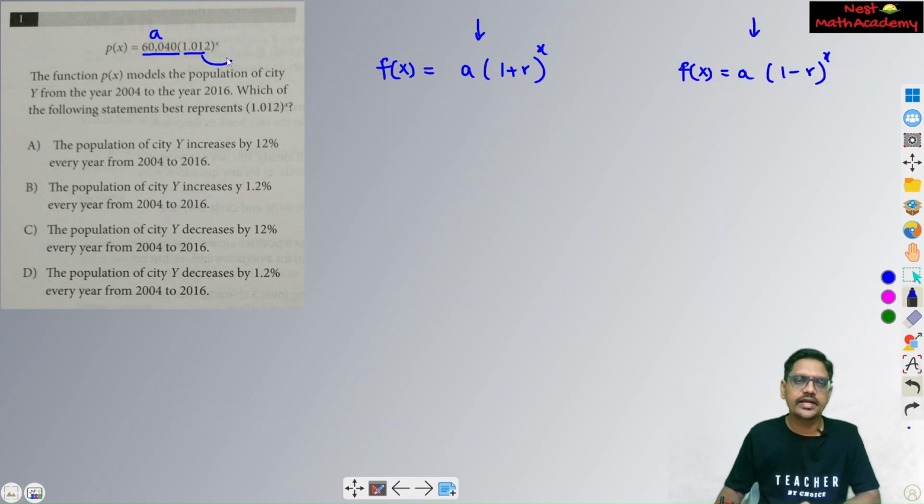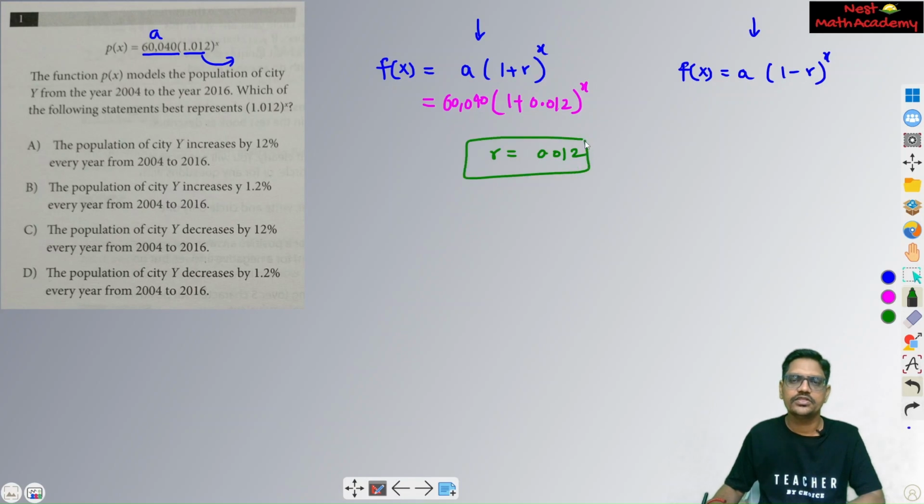When this value is greater than 1, usually it's a growth function. If I just write it here, 60040 times (1 plus 0.012) raised to the power of x. If you simply compare, you can see that r is 0.012, which is known as the growth rate.